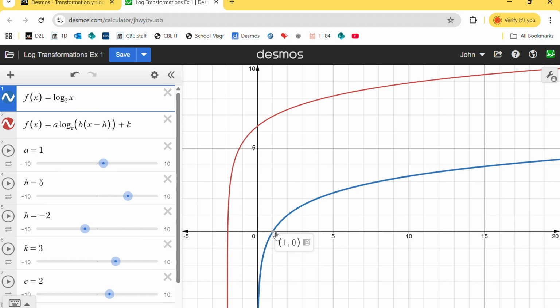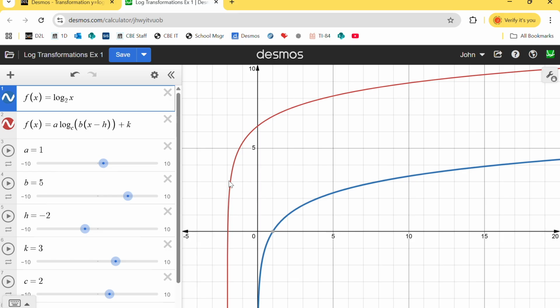Okay, so for one of the points, we use mapping notation to transform it. Remember, (x, y) becomes (x divided by 5 minus 2, y plus 3). So that's the mapping notation. On our base function y equals log base 2 of x, the point (1, 0) becomes (negative 9/5, 3).